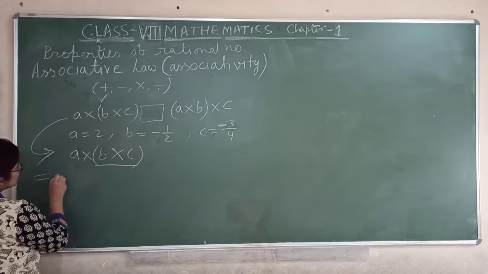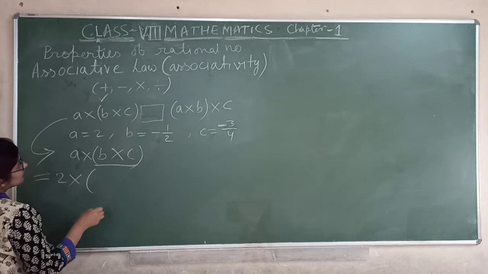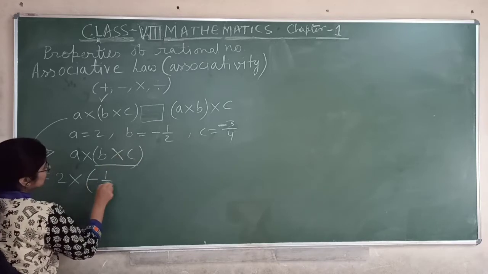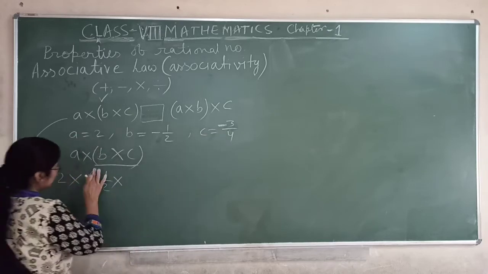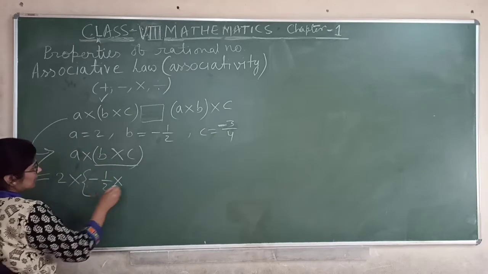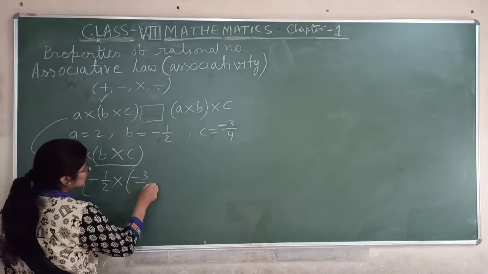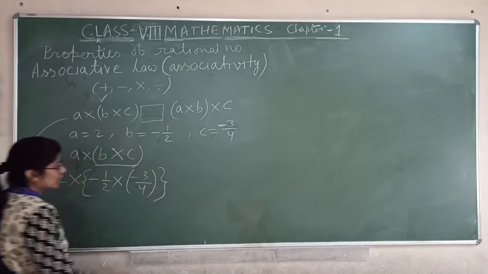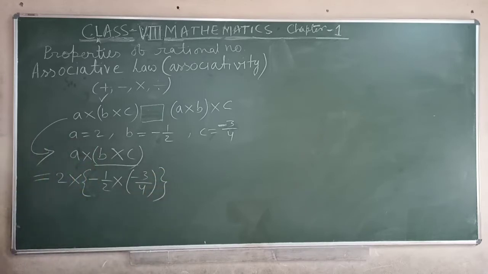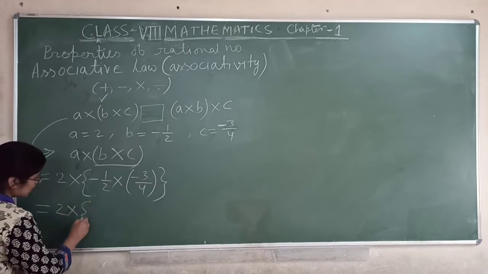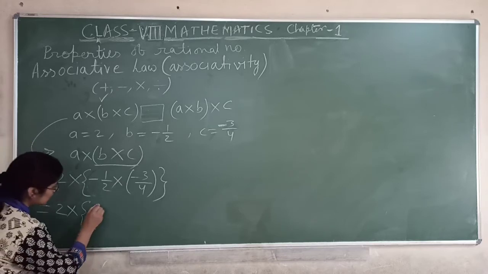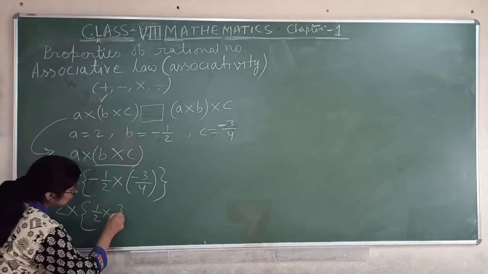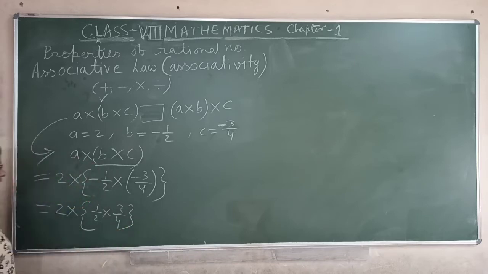So A is 2 into within bracket minus 1 upon 2 into this also negative, so we have to make all bracket minus 3 by 4. Okay, 2 outside within bracket, minus into minus, you know, plus. So you have 1 by 2 into 3 by 4.